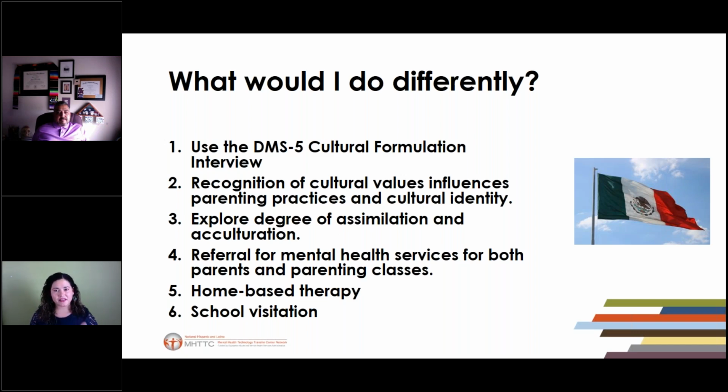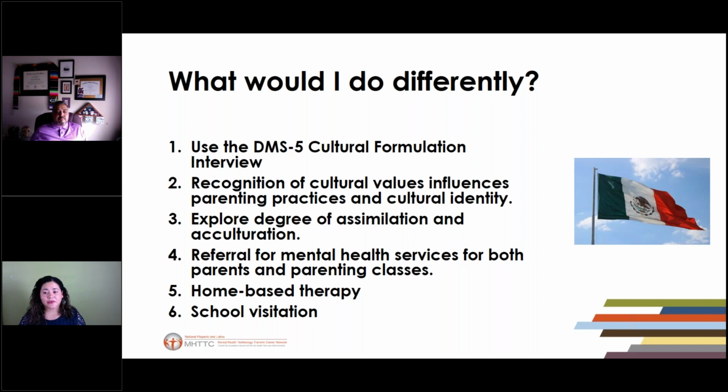This is a very good instrument that you can implement while you're doing the intake with your clients. Recognition of cultural values, how they influence the parenting skills, and also try to use an assessment tool to explore the assimilation and acculturation level that the parents were presenting, right?